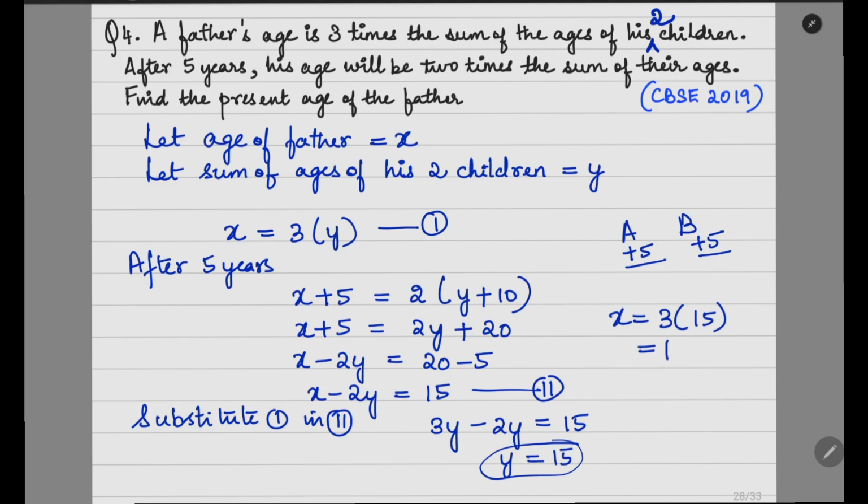So 3 into 15 is 45. So X is equal to 45. Therefore, the age of the father is 45 years. Okay, so this is how you have to do it.